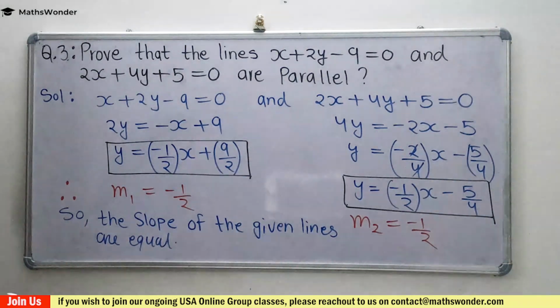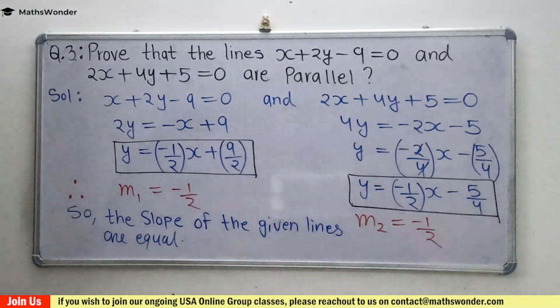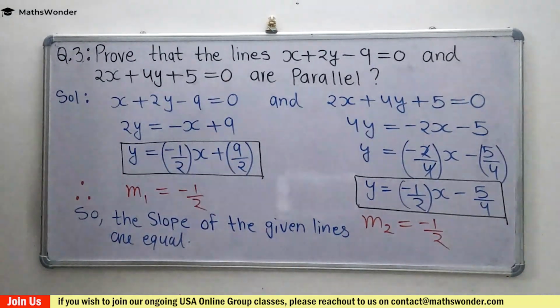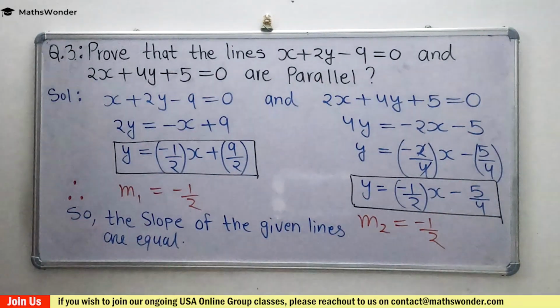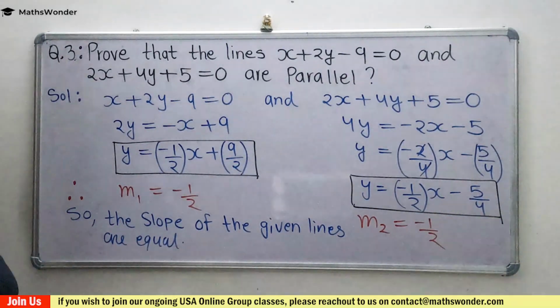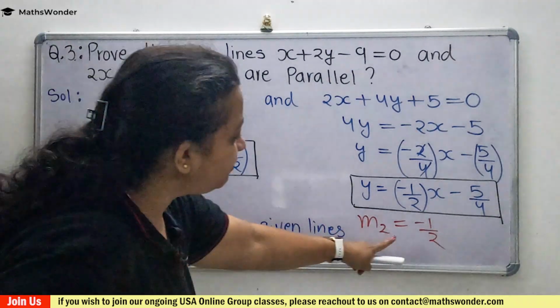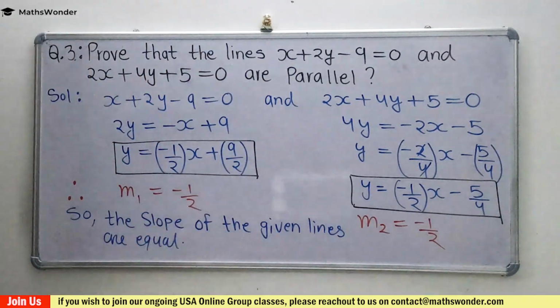If two non-vertical lines are parallel, their slopes are equal. That means if one slope is 1/2 and the other one is negative, then it wouldn't be equal, right? If both m1 and m2 are equal, that means your given lines are parallel.